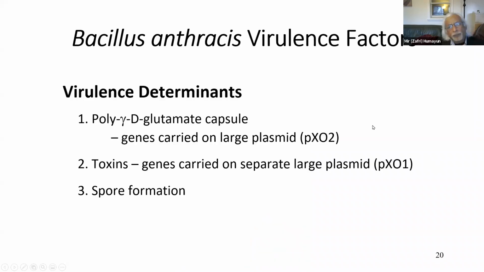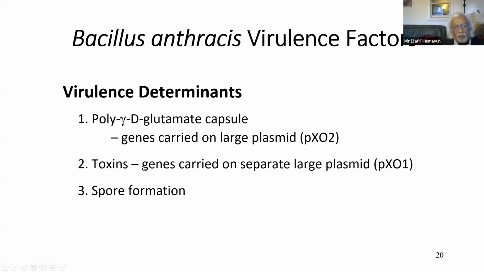Okay. So the virulence factors of anthrax, there are three of them. One is actually a capsule, poly-gamma-D-glutamate capsule, and the genes encoding the glutamate capsule are carried on a large plasmid called pXO2.